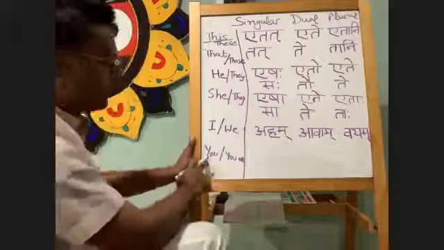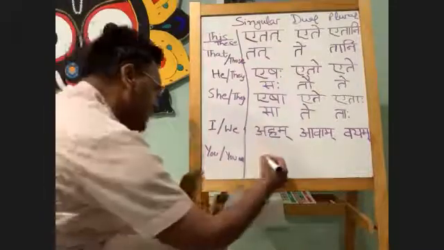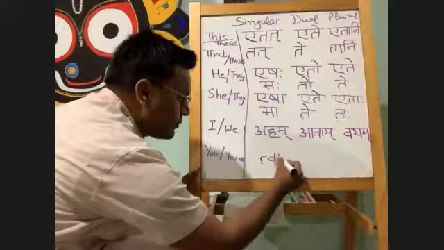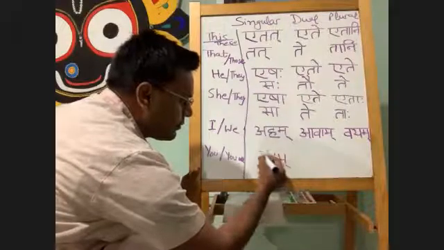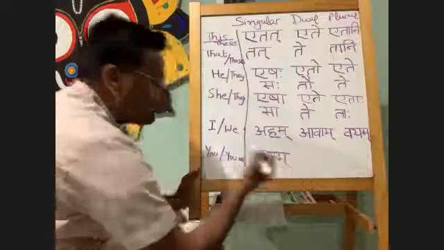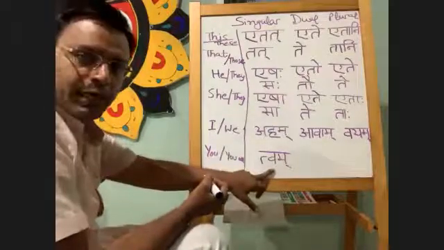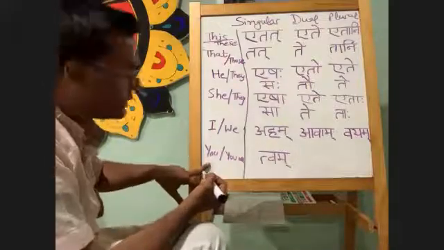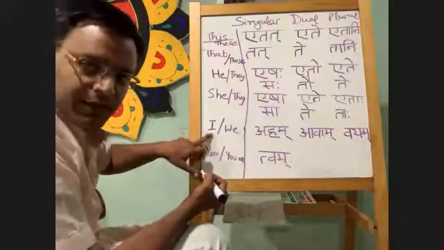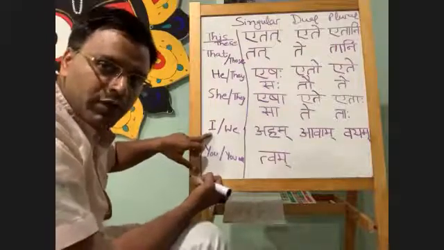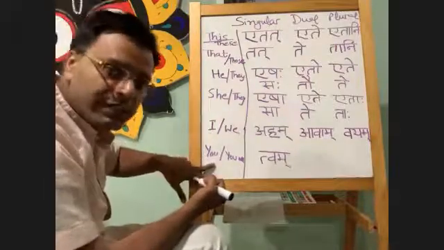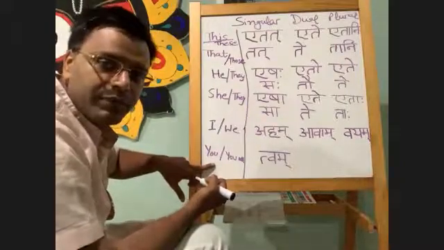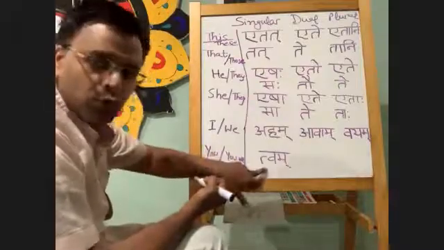And in the same way, you and you all: that's tvam. So tvam means you, right? It's not your, okay? Pay attention. It's not my, it's I. For my, it will be a separate word, and in the same way for your, it's a separate word. We did tava for your. Tava means your, tvam means you.